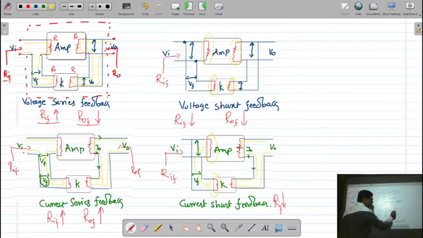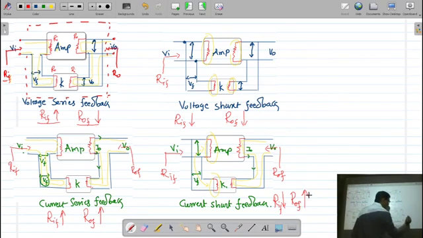These two resistances are in series, and therefore if we measure the resistance at this point, due to the series connection, this resistance is going to increase.